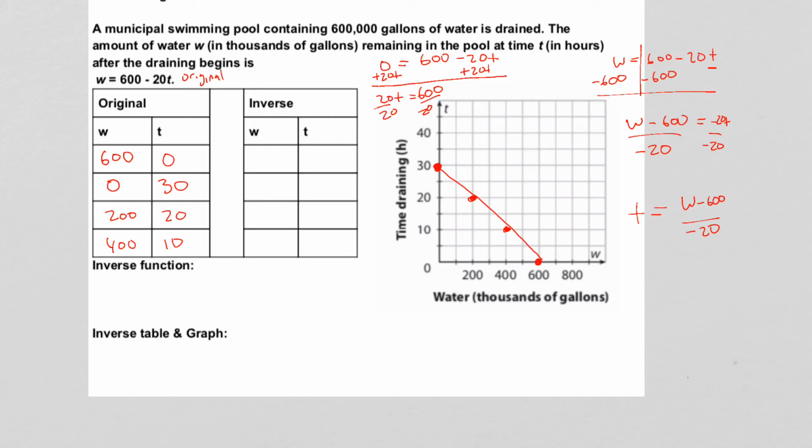And I'm going to try to simplify that. t is equal to negative 1 over 20 w, and then minus 600 divided by minus 20 is plus 30. So there you go. There's one step. We have to switch now. We have to switch t and w. So the inverse of this would be w is equal to negative 1/20th t plus 30.